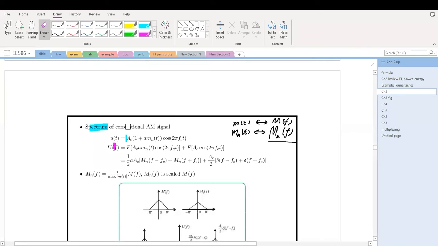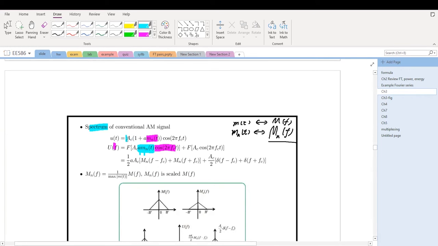The spectrum of the conventional AM contains two parts. The first part is related to the message, which is normalized. We can see this portion is DSB-SC because the magnitude is multiplied by the message. So the message here is small a multiplied by m_n(t).